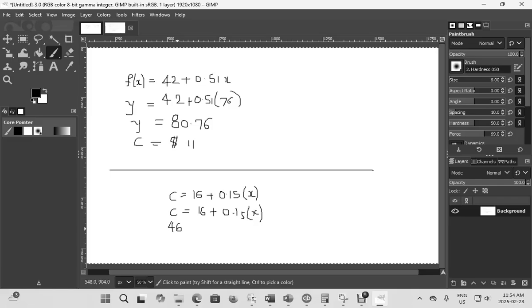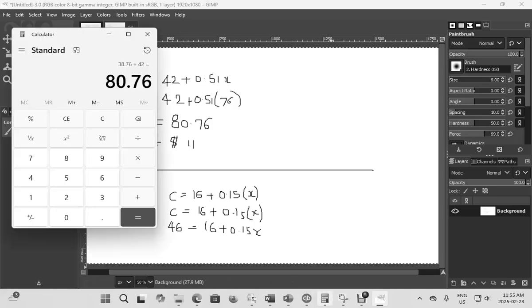So 46 equals 16 plus 0.15x. We know that 46 take away 16, divided by 0.15, will be 200 minutes.